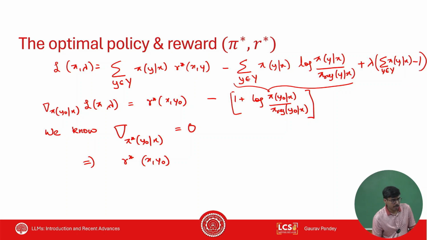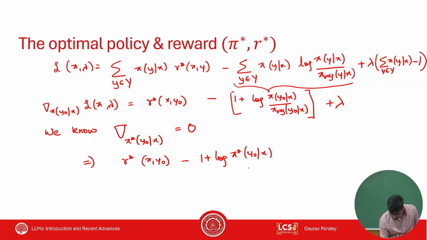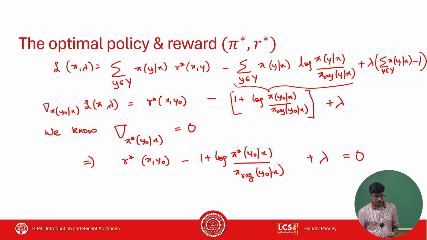So then there will be lambda here also, and so this will be r star(x, y naught) minus (1 plus log of pi star(y naught given x) over pi ref(y naught given x)) plus lambda equals 0. Is this fine?